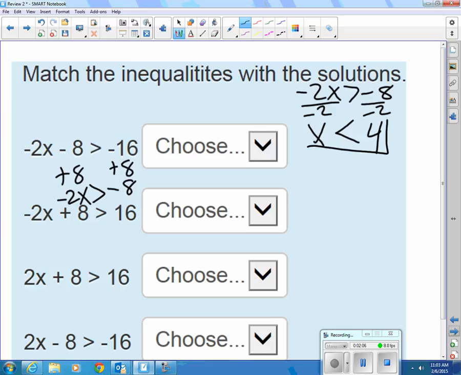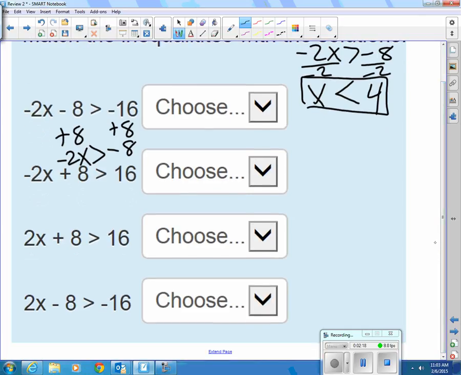So to find that in the list, select that. So that's if we divide by a negative. Let's do the last one there. That's different in that I add 8 to each side. So we have negative 16 plus 8 would be negative 8.